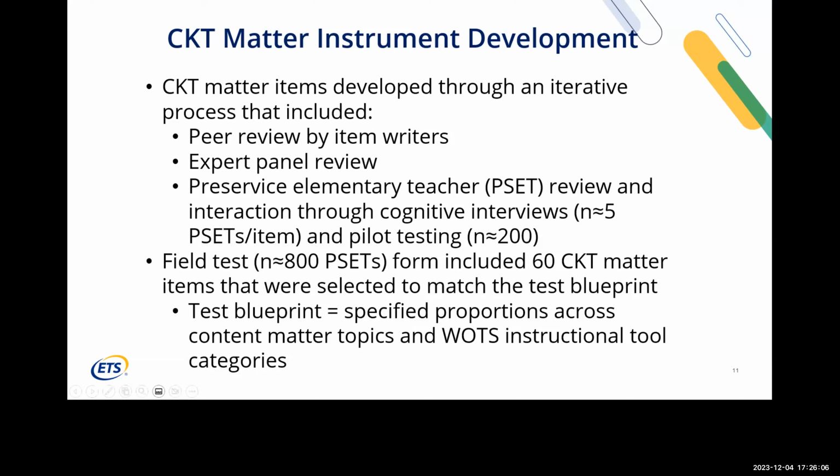From that field test, we ended up with 52 final CKT Matter items in our final assessment, which is what David will be showing and walking you through. And that's what you'll have access to use in varied ways in your teaching and research.